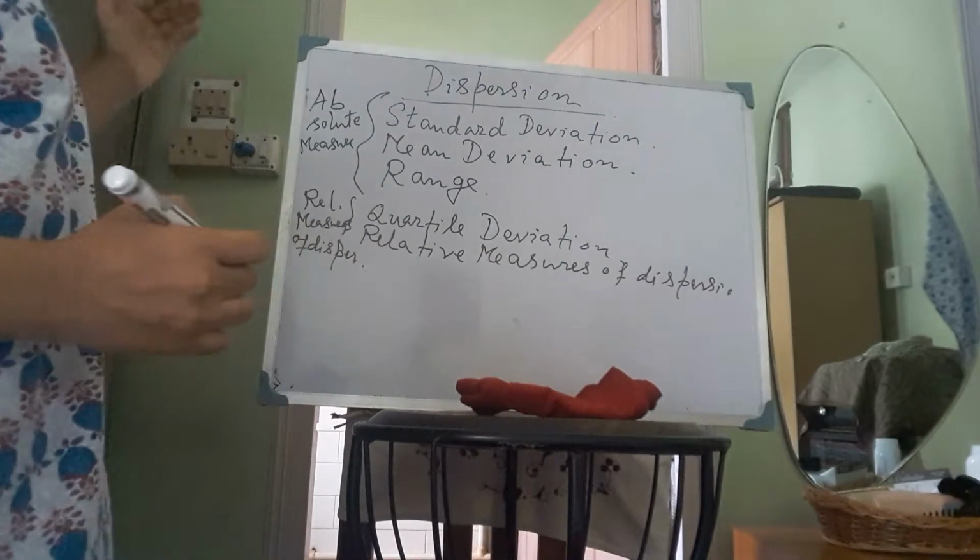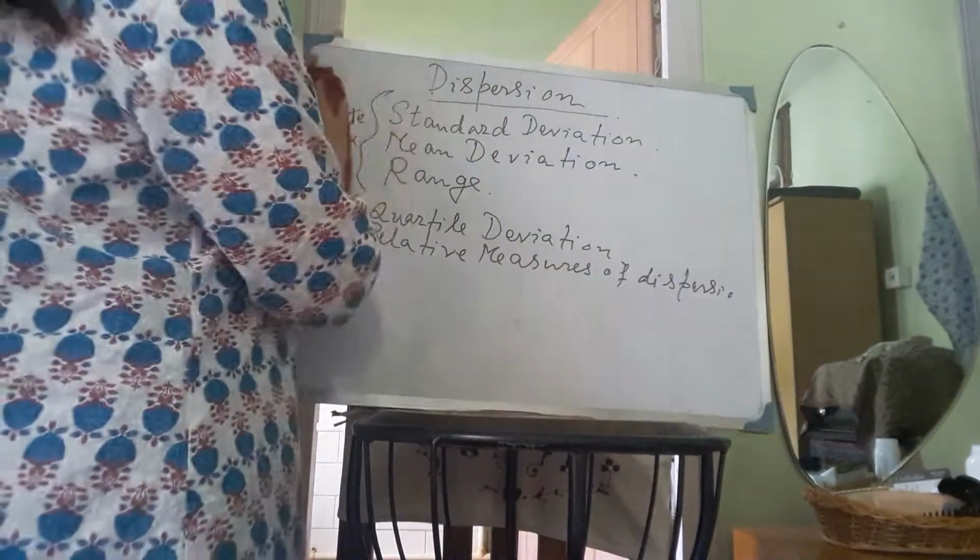First, we will consider the absolute measures of dispersion. So let me start with standard deviation.